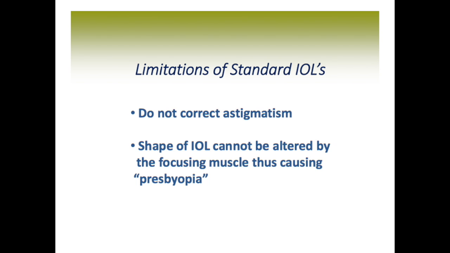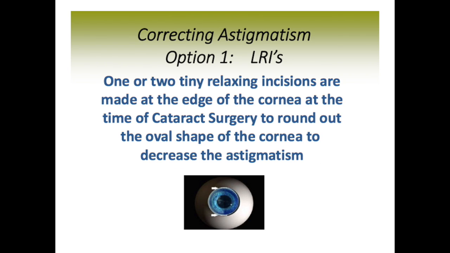For astigmatism, there are two options to correct it at the time of cataract surgery. First one being limbal relaxing incisions, or LRIs. Here, one or two tiny relaxing incisions are made at the edge of the cornea at the time of cataract surgery to round out the oval shape of the cornea to decrease the astigmatism.